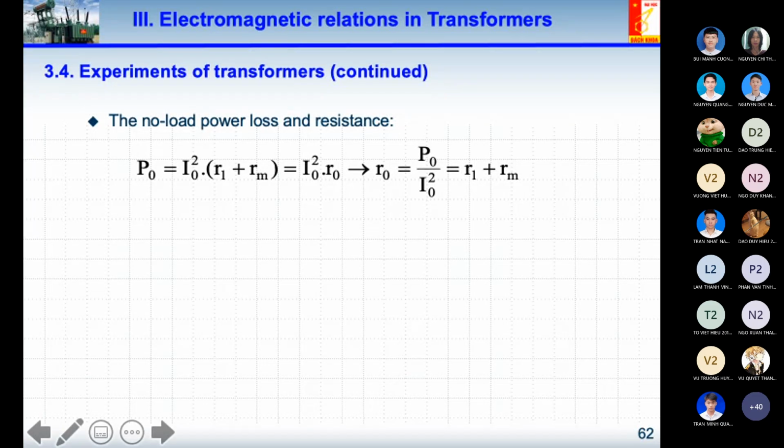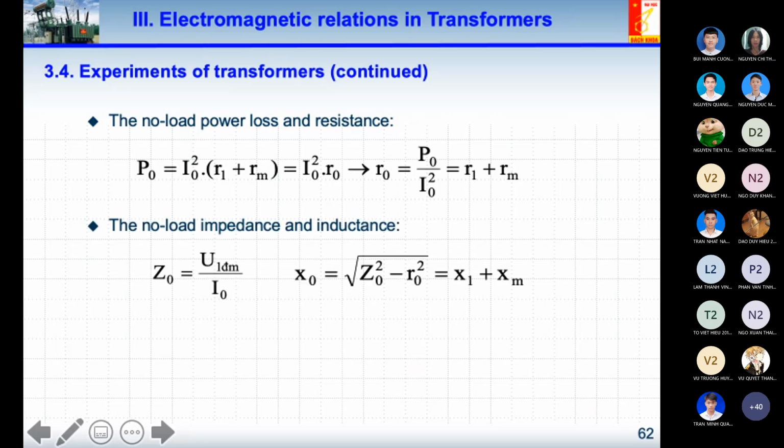P0 you get from the measurement, and with it you can define the resistance of the transformer. In addition, we get the no load impedance and inductance of the transformer by using this expression.